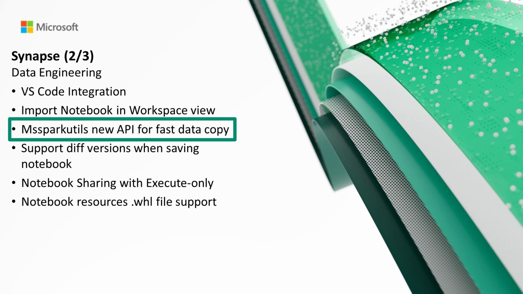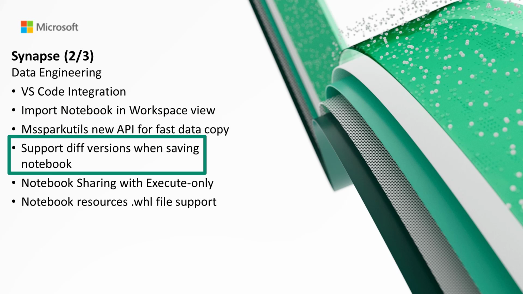According to our very sophisticated benchmark testing, we've achieved anywhere between 7x and 180x speedup, and that varies based on the source type, data size, regions, all that kind of stuff. And that's compared to the traditional file system copy method, mssparkutils.fs.cp.